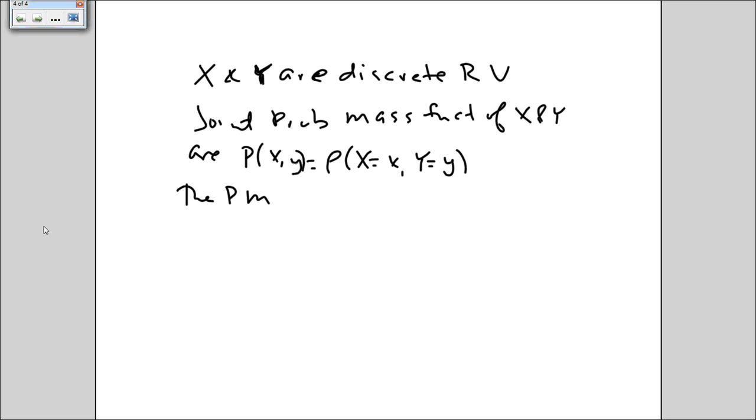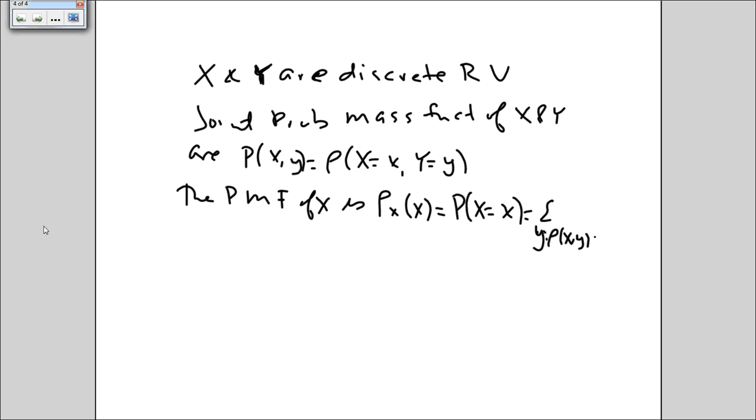The probability mass function of x, which is denoted this way, that is, the probability that random variable x is little x, well, this is the summation over y, such that, or I guess p of xy should be non-negative, of rho of xy. Little x, the random variable x, which we're saying is little x, doesn't change.